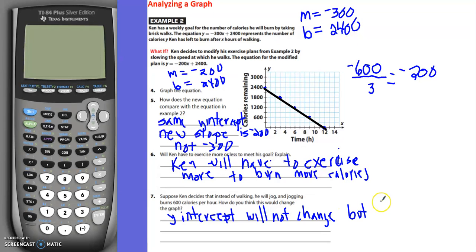But the slope will be steeper because he is burning more calories per hour.